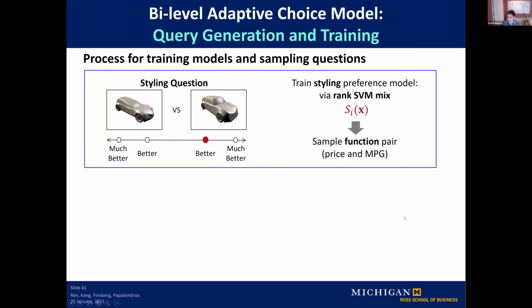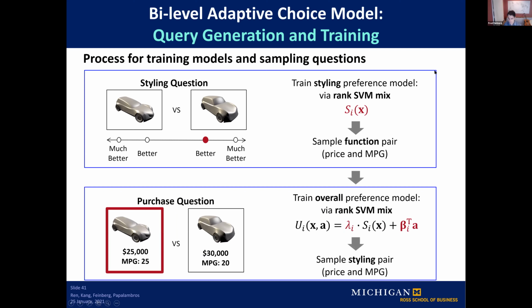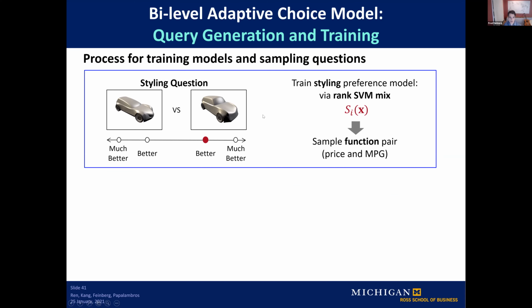So just to review it slightly more rigorously. We ask them a styling question that is a metric choice. We train the styling model using a rank SVM, and then we generate a sample pair that should go along with it.